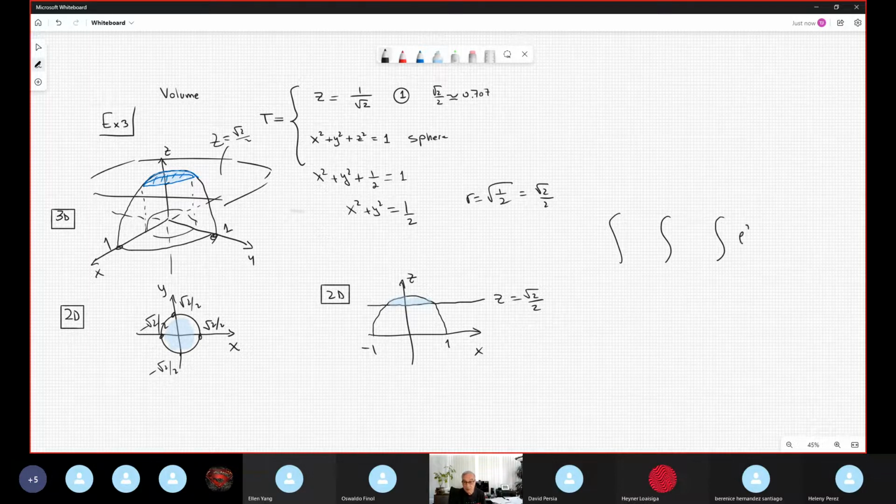So we have rho squared sine phi, the Jacobian. d rho, d phi, d theta. To see the rho was complicated. And the 3D rho goes from the plane to the sphere. But the sphere is easy.